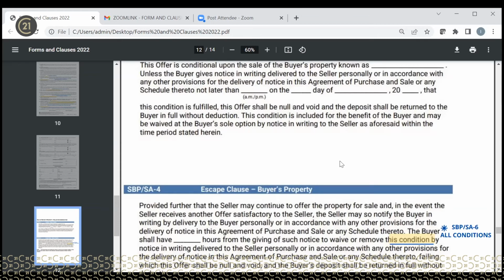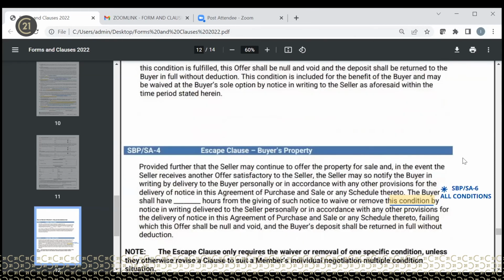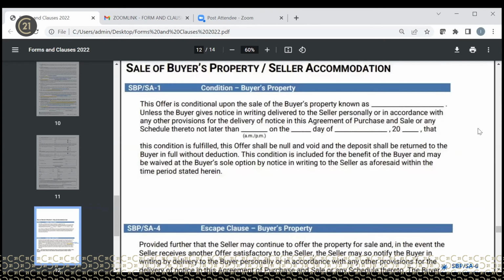If you are the buyer's agent, make sure you put in the escape clause. The escape clause is pretty much standard within the industry. People are not going to accept a condition on the sale of your buyer's property without being able to continue to market the property you're buying. And if they get an offer that's satisfactory to them, what they do is they give you notice to either firm up or walk away.